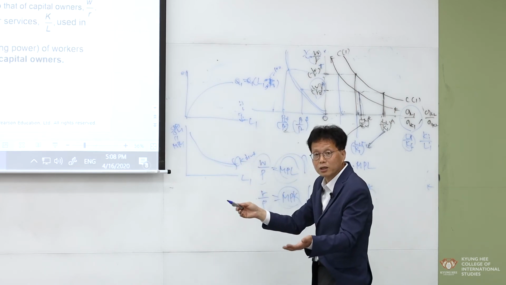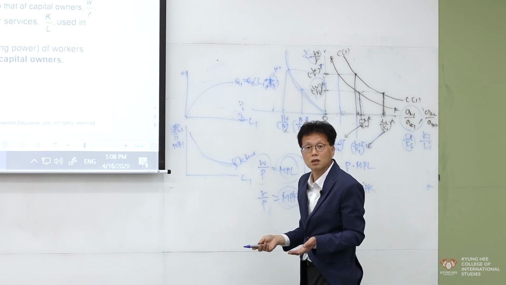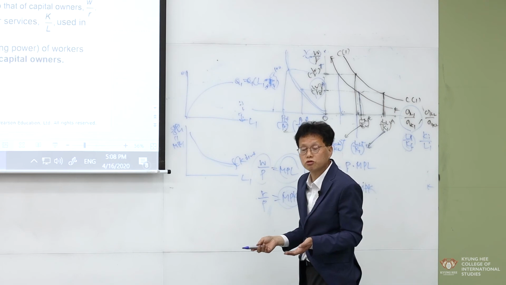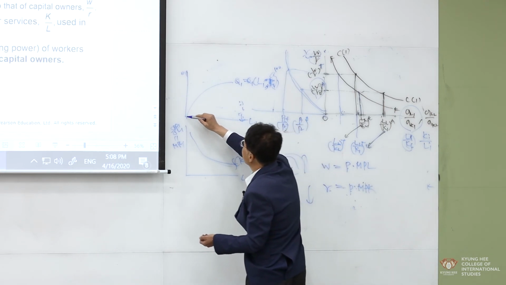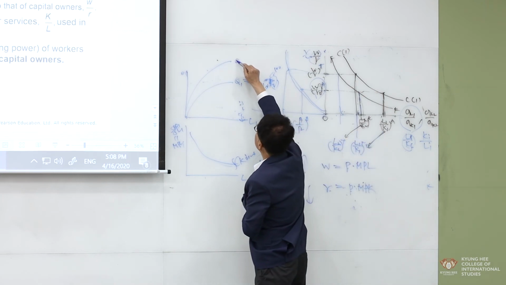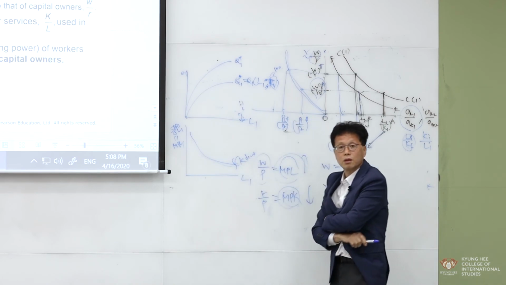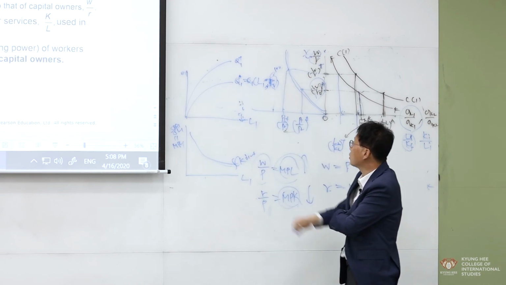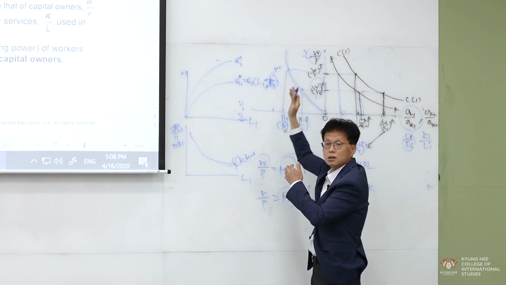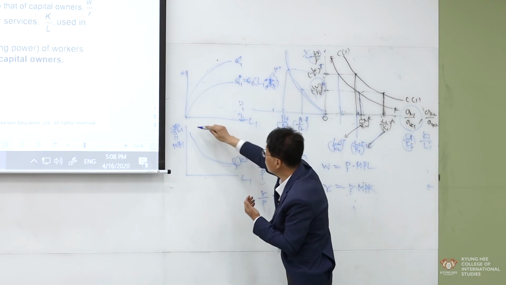Now, after trade, what happened? Capital increased to 200 instead of 100. You can cook pizza with 200 units of capital. Then the production function shifts upward like this. That is Q1T, the after-trade production function in Otaki, because capital increased. Then what happened to the marginal product curve? It shifts upward.